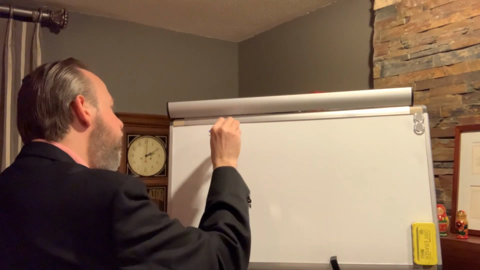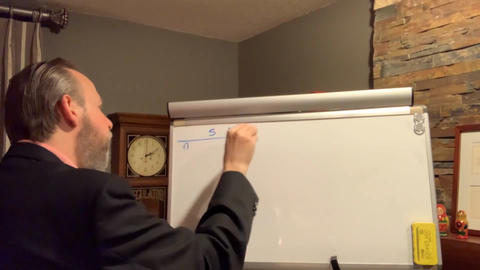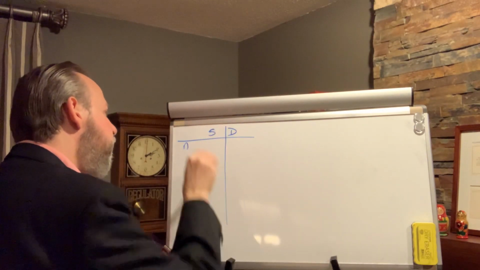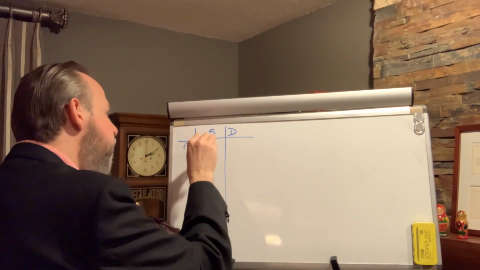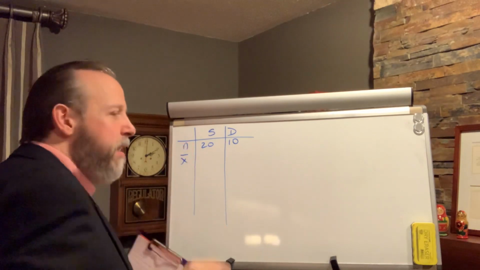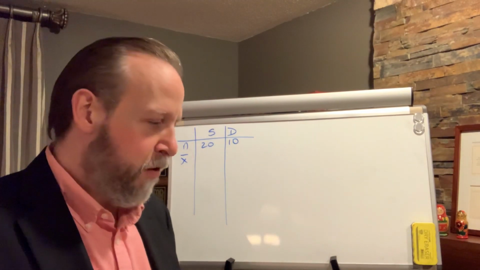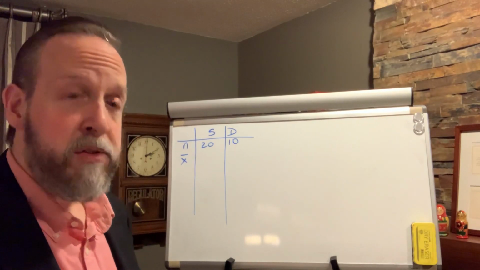Here's what we find, and I'm going to create a grid while I review this with you. We have Shelton, we have Derby. I said we had 20 in Shelton and 10 in Derby. The mean math SAT score in the Shelton sample is 540 with a standard deviation of 60 points.